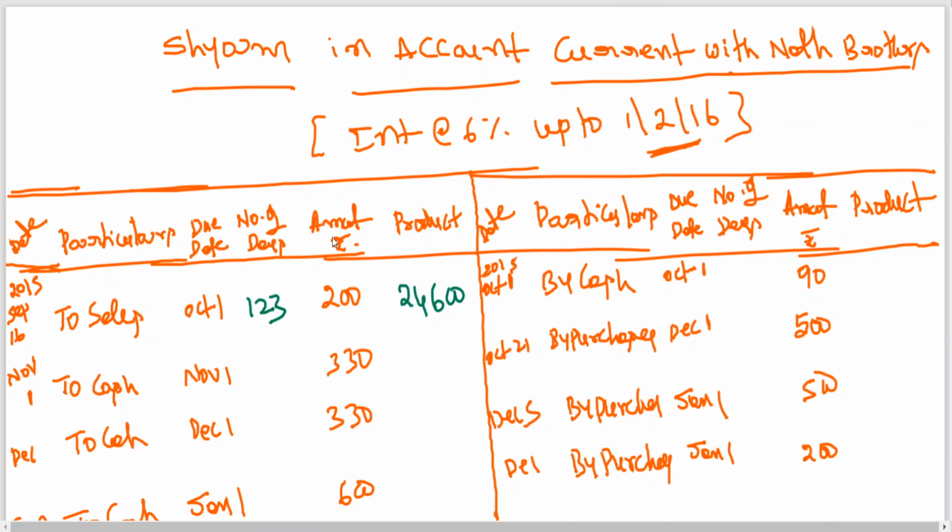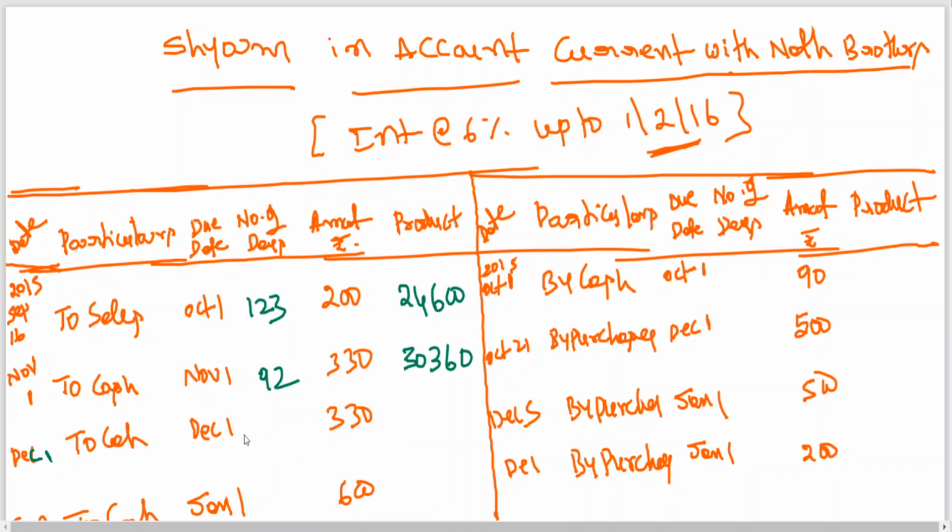Then next, November 1st: November 30 minus 1, 29, November; December 31st, January 31st, February 1, coming to 92 days. 92 days into 330 is 30,360.